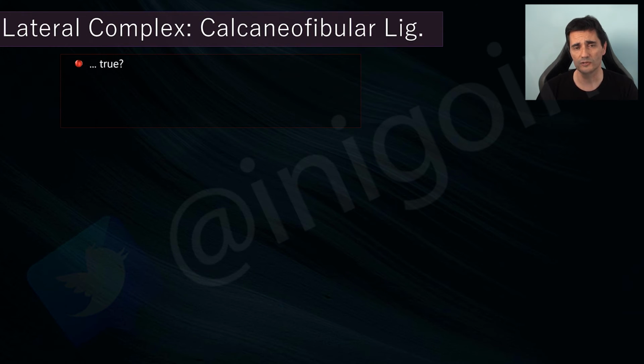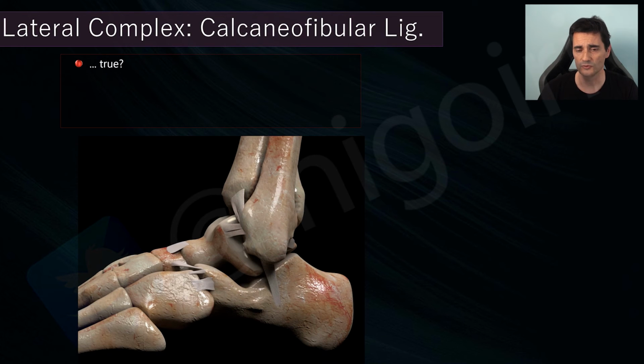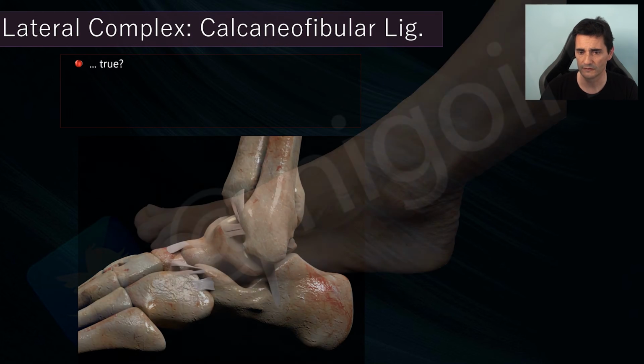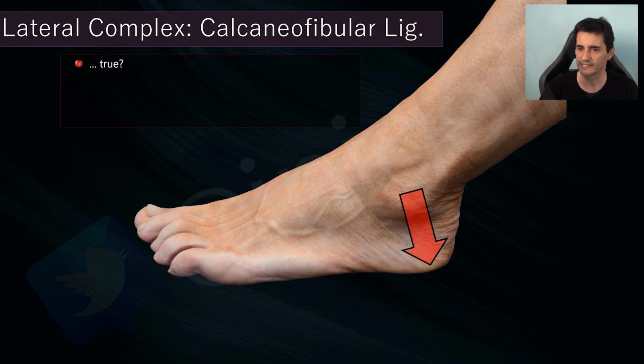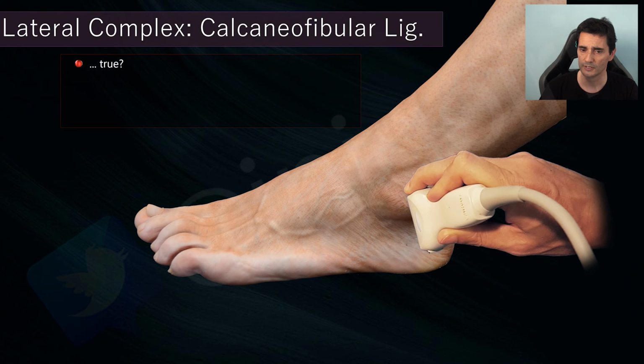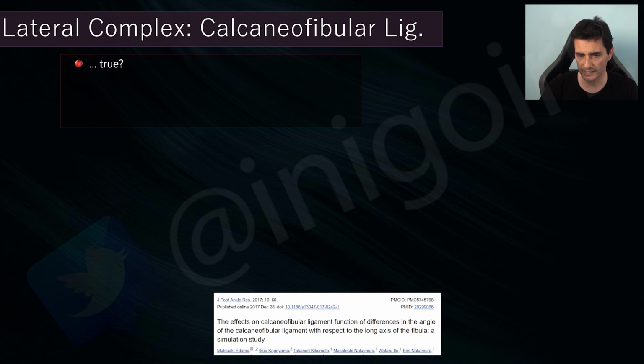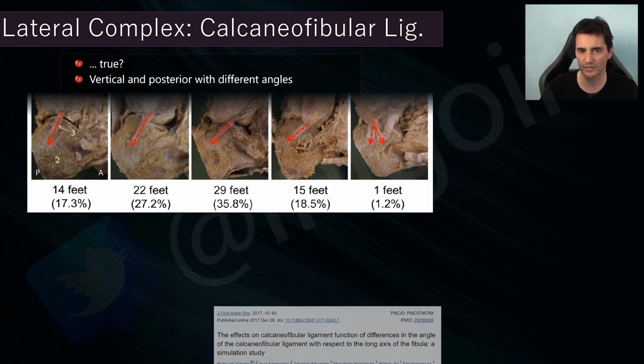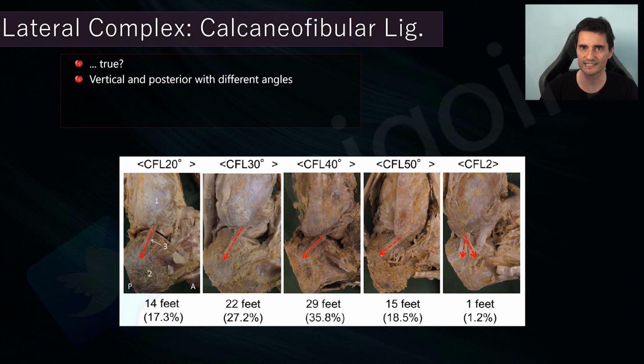So we are going to check now what about these dynamic maneuvers of the calcaneofibular ligament. Usually the classic anatomic conception of this ligament is this vertical, slightly posterior direction of the ligament here, like this. Okay, but these authors in 2017 told us that usually the ligament is not so simple.